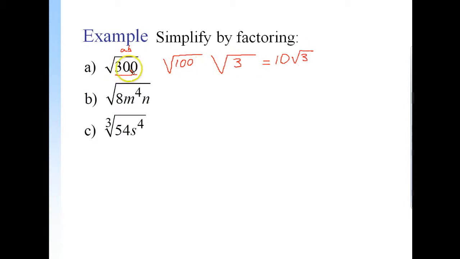So we have simplified the square root of 300, going through two radical signs, putting a perfect square under one, the largest perfect square, and then the other part that's not, and then taking the square root of that. So again, let's work this technique for this one.